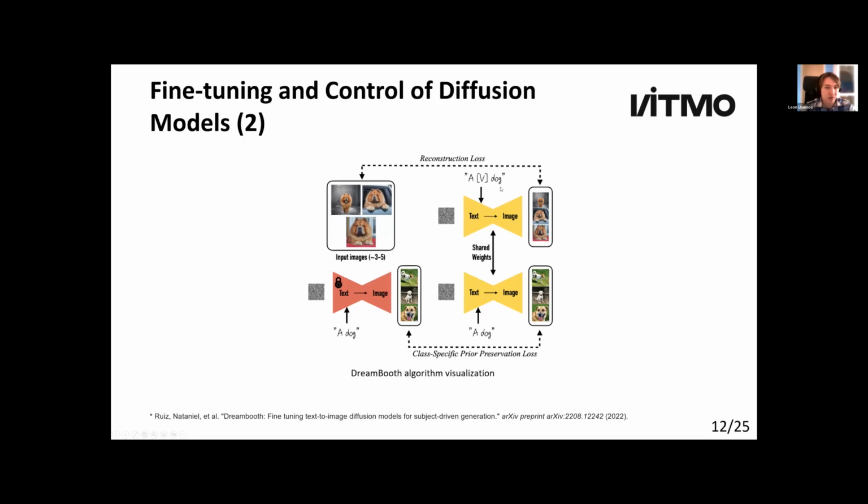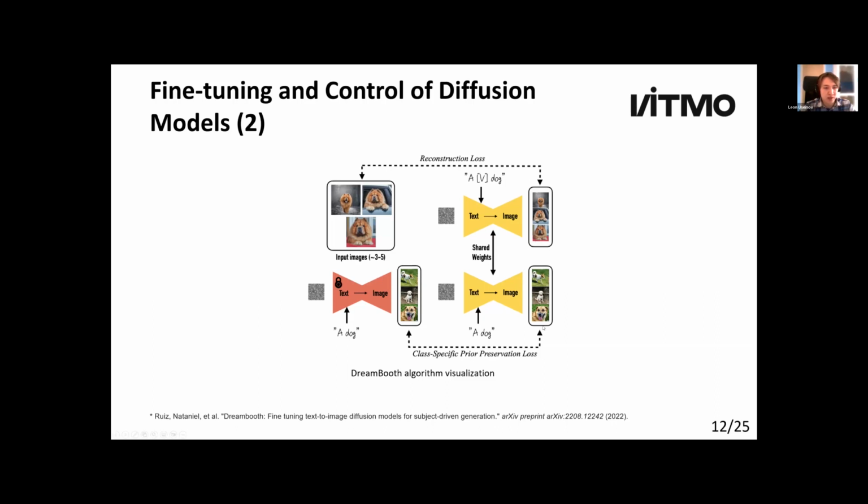We take some rare token for our object of interest, which already exists in the diffusion model, and train our model to recreate our object of interest.